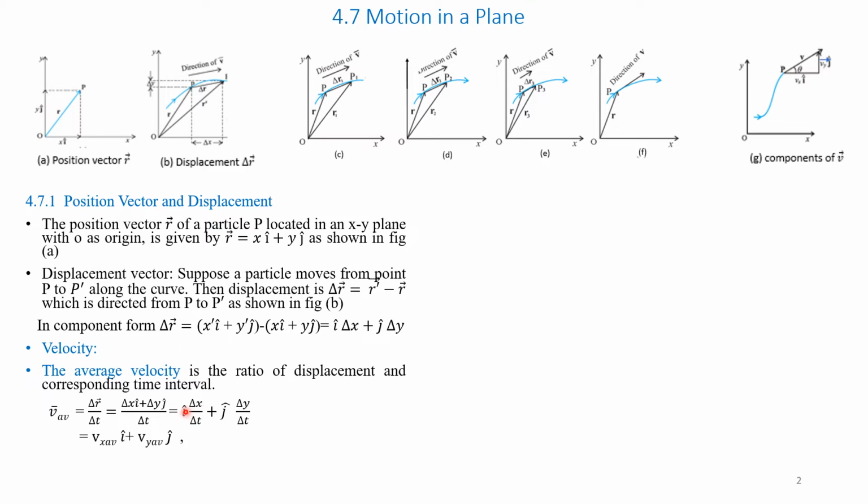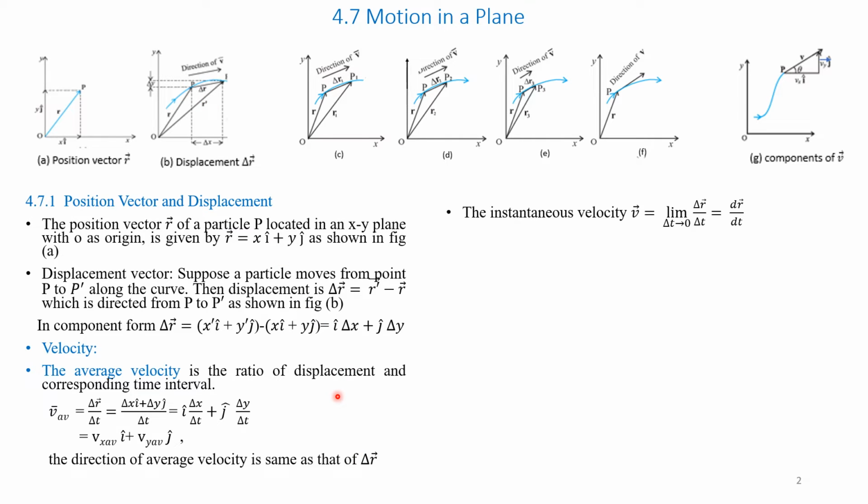But we know that delta x by delta t is the average velocity in the x direction, plus the average velocity in the y direction, which is delta y by delta t. Therefore, v average bar is written as v x average i plus v y average j. The direction of average velocity is the same as that of delta r.